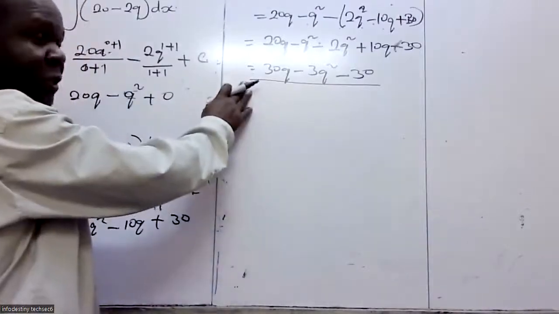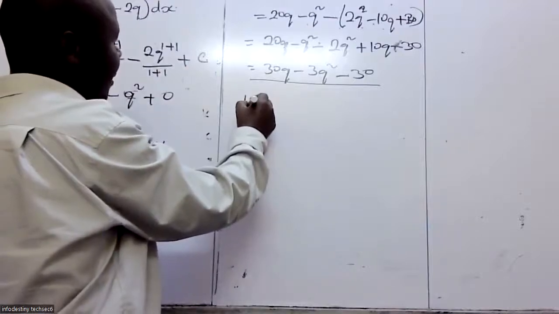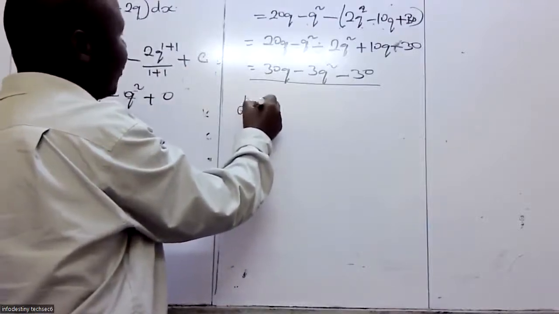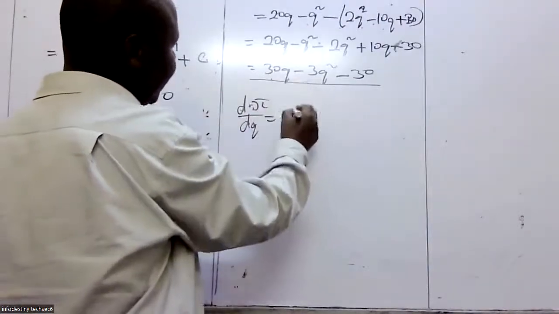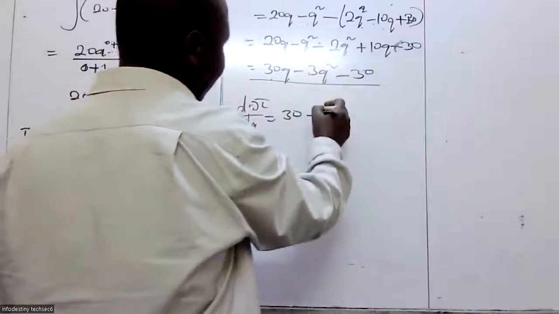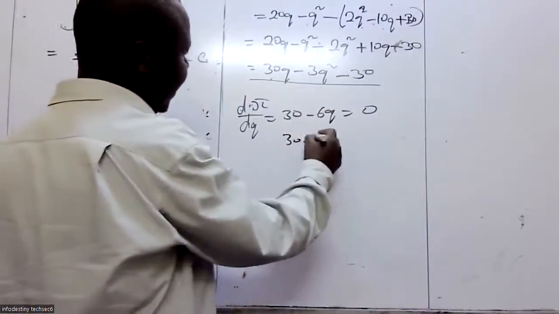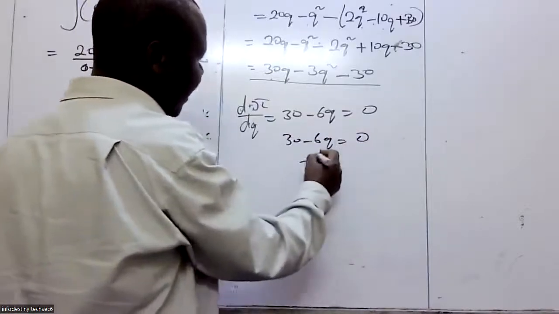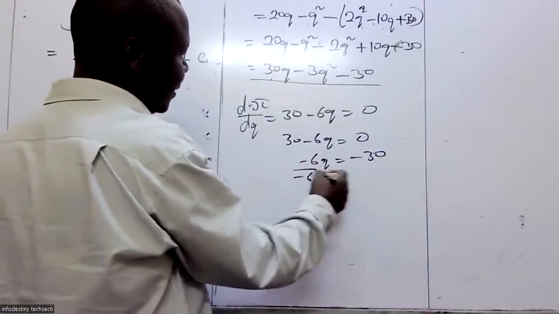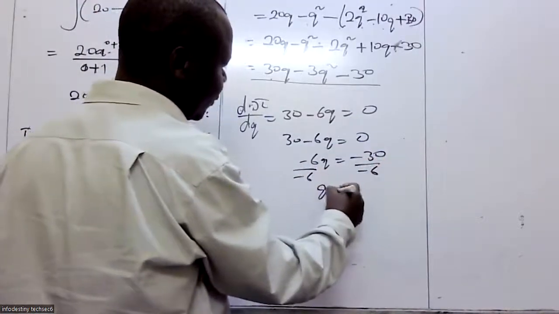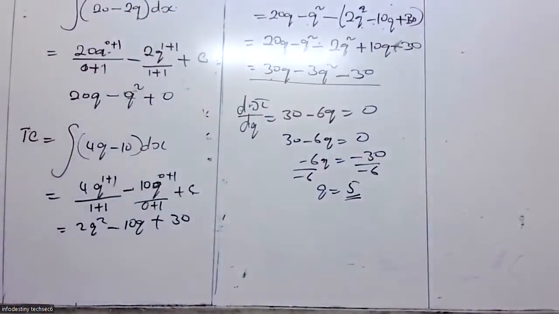So the derivative of profit with respect to quantity equals 30 minus 6Q, equals 0. So minus 6Q equals minus 30. Dividing by minus 6, Q is equal to 5. So that's the number of units for maximizing profit.